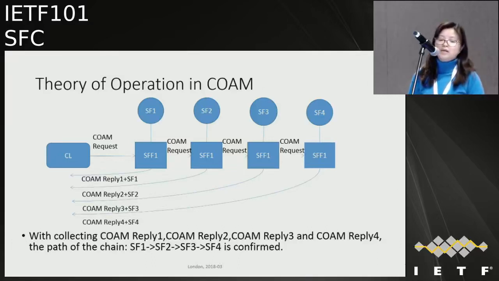One is to send back a COM reply with the service function information in this reply message. Another action is to send a COM request to its next SFF. So once we collect all the COM reply messages, the whole service function path can be confirmed.